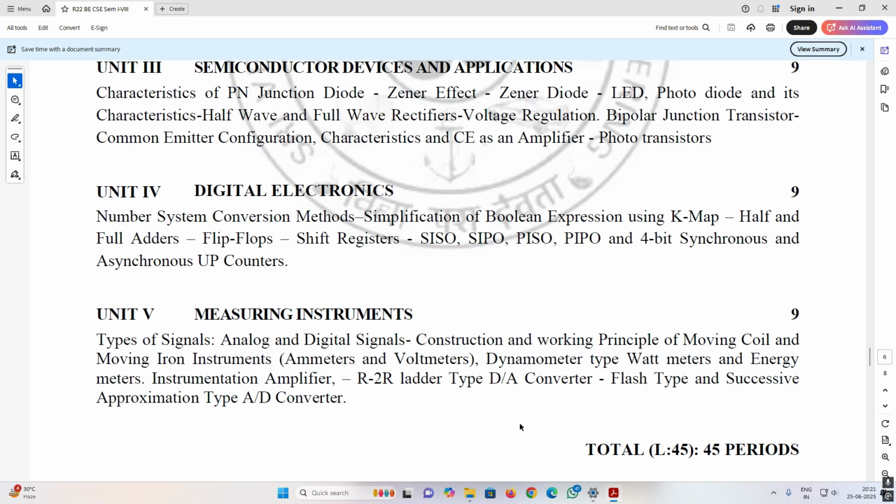And finally we will discuss A to D converter or ADC, that means analog to digital converter. Here we will discuss two types of A to D converter, that is a flash type and a successive approximation type analog to digital converter.